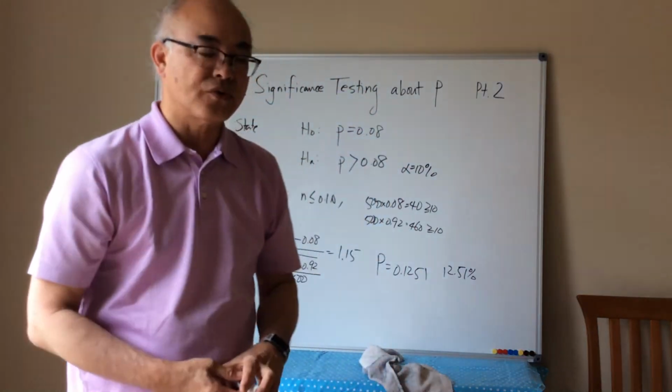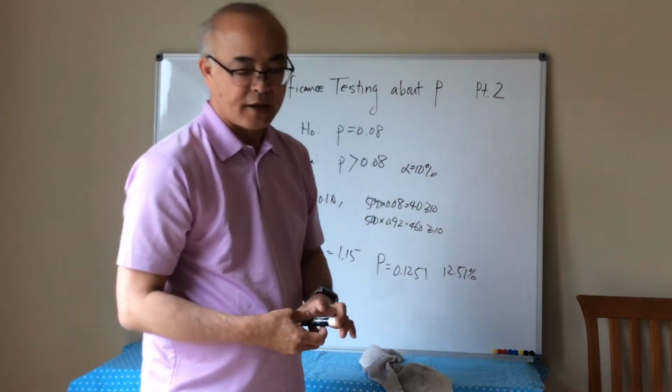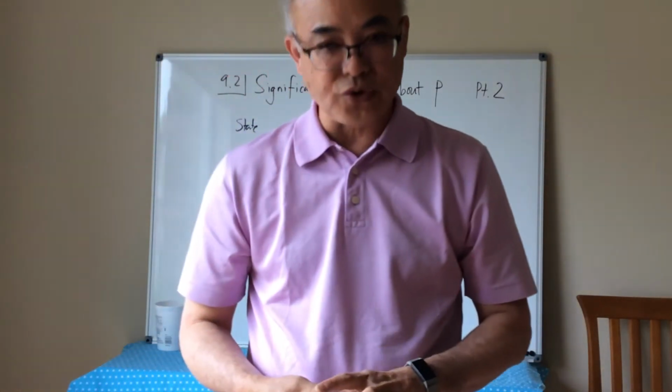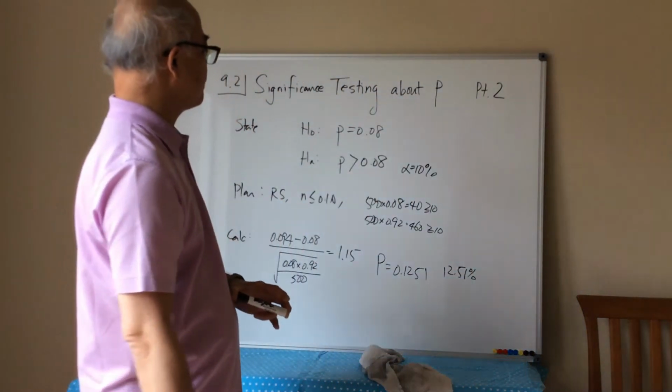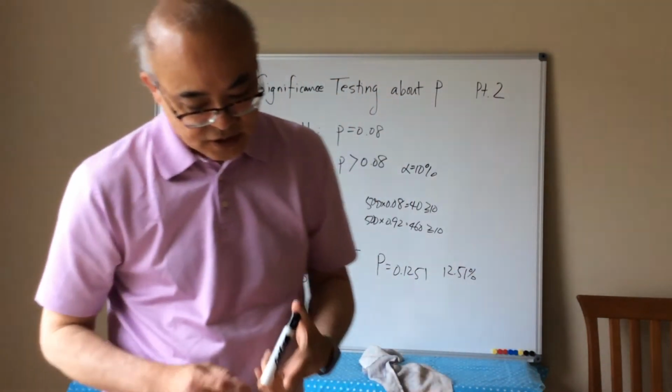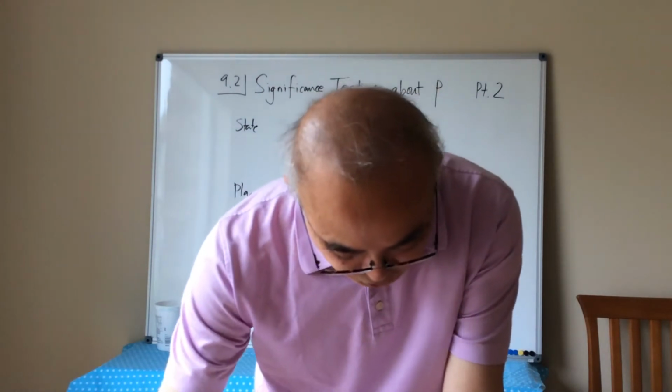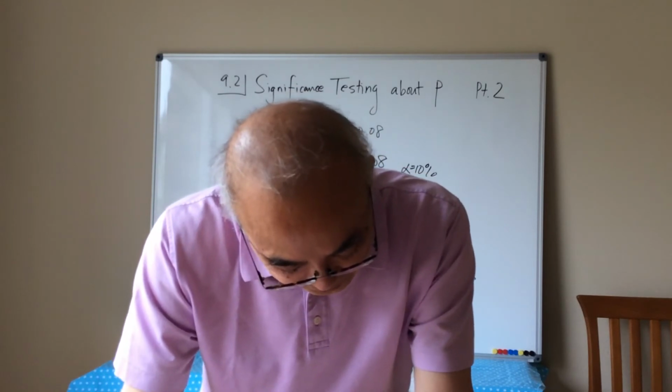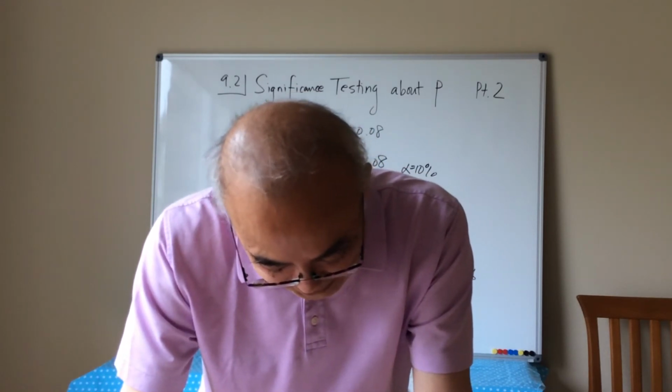Go to page 576. In the technology corner, it walks you through how to use your TI-84 to do a 1-prop-Z test. On page 576, you go to STAT, then TESTS, then press 1-PropZTest.